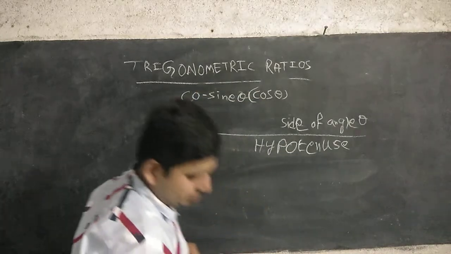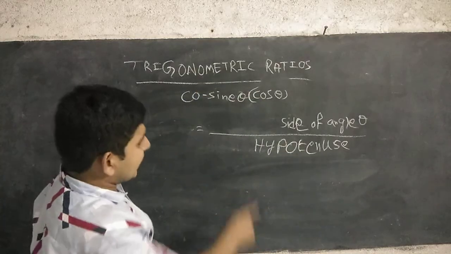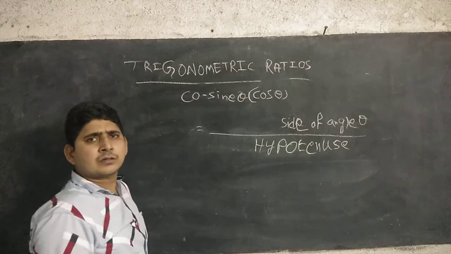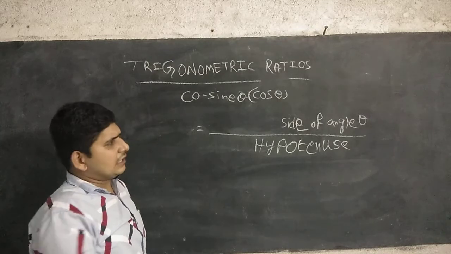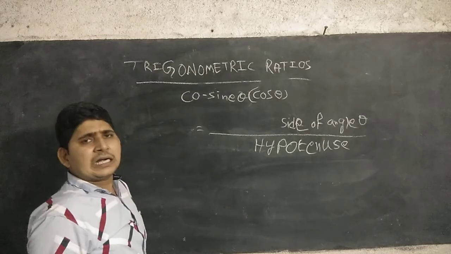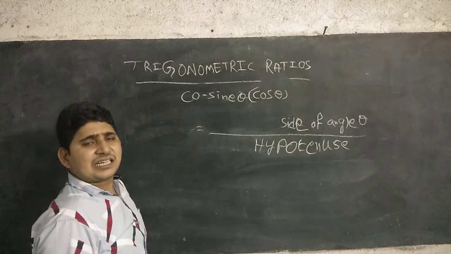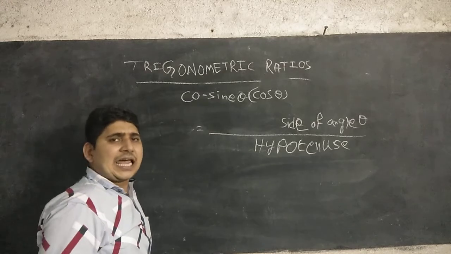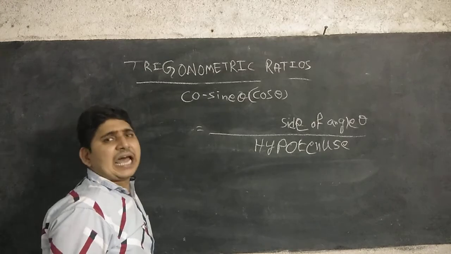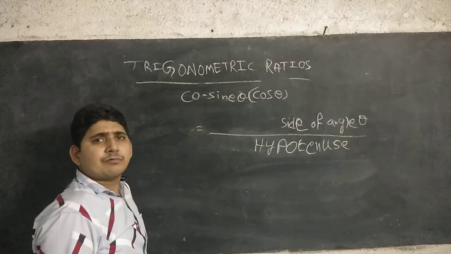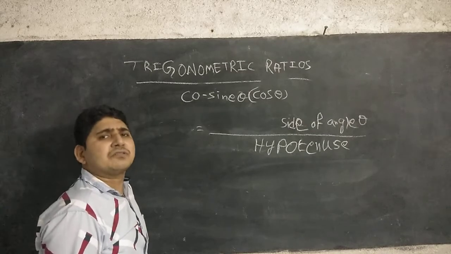Cosine theta, or cos theta, is defined as the ratio of the adjacent side of angle theta to its hypotenuse.